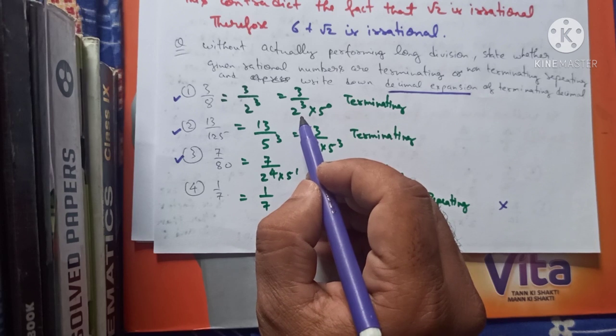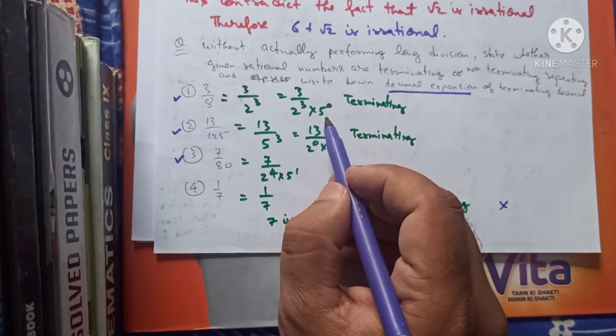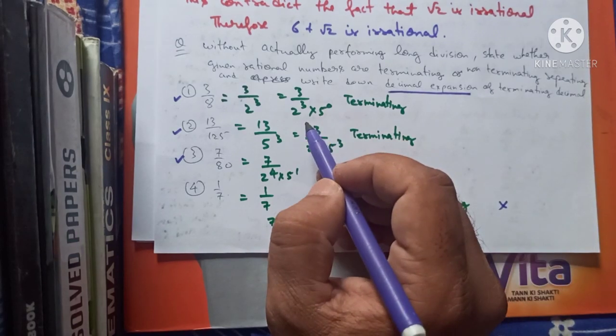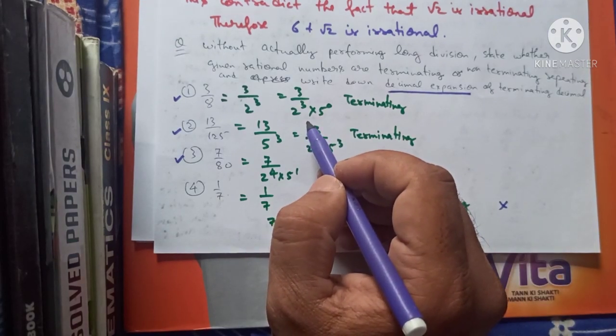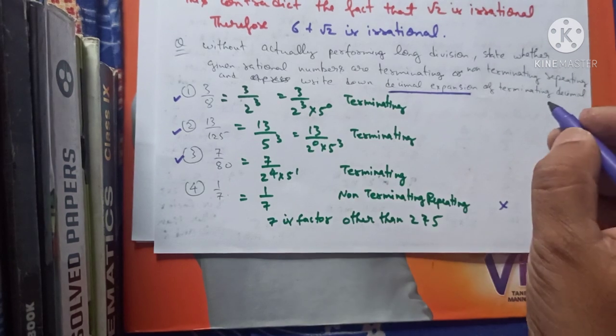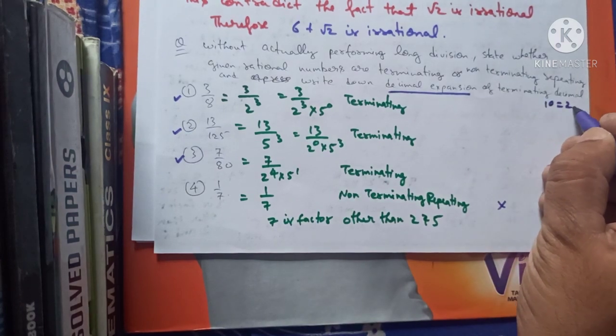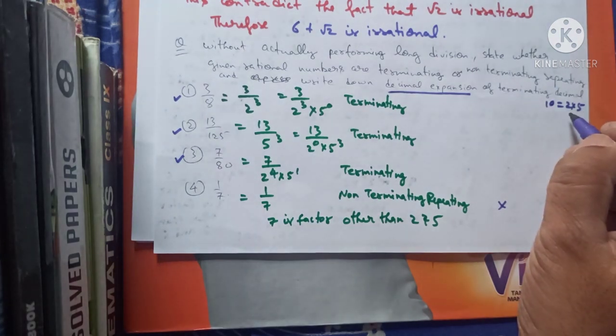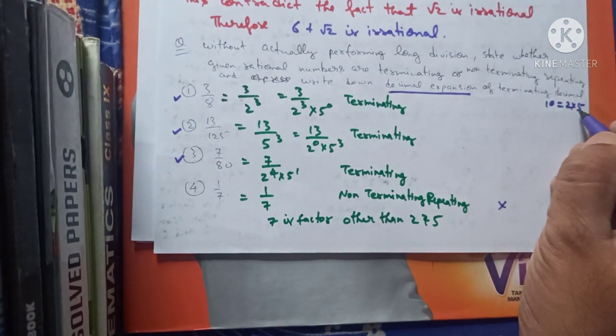Since we are having 2 power 3 and 5 power 0, if we are having one pair of 2 and 5 as the factor, since we know that 10 is equal to 2 into 5, we can replace it by 10.